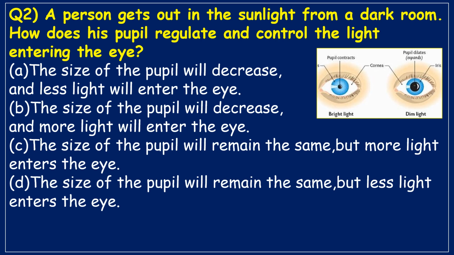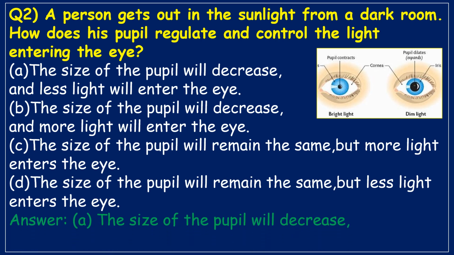And option D. The size of the pupil will remain the same but less light enters the eye. So my dear children, if you observe the first picture, when you are in bright light, the pupil size decreases and the pupil allows only a small amount of light to enter the eye, right? Your option is option A.